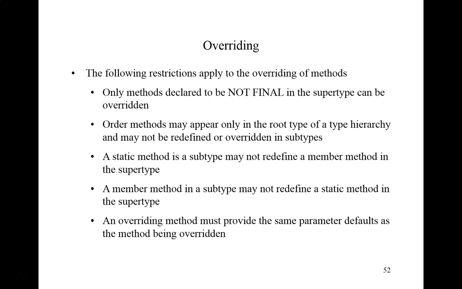A static method in a subtype may not redefine a member method in the supertype. A member method in a subtype may not redefine a static method in the supertype. An overriding method must provide the same parameter defaults as the method being overridden.